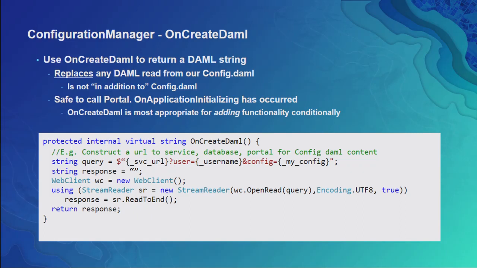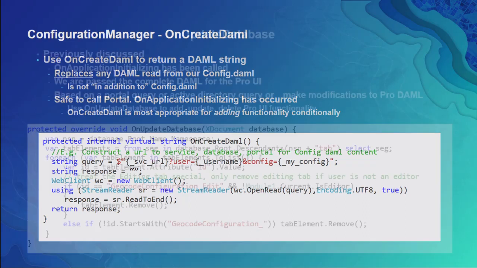So this is not in addition to the Config.daml, this would completely replace it. Again, in here it's safe to call portal, and OnApplicationInitializing has already occurred. So this is most appropriate for adding functionality conditionally. It's not really appropriate to modify functionality.